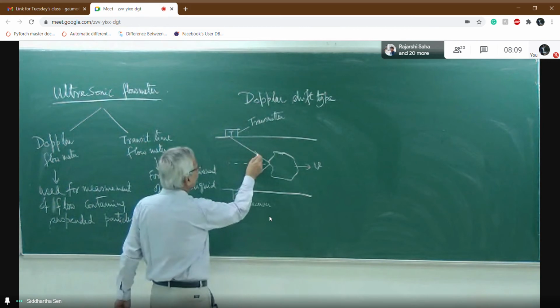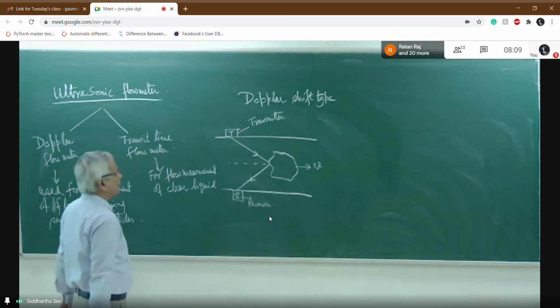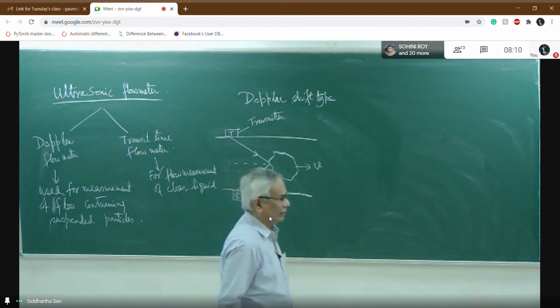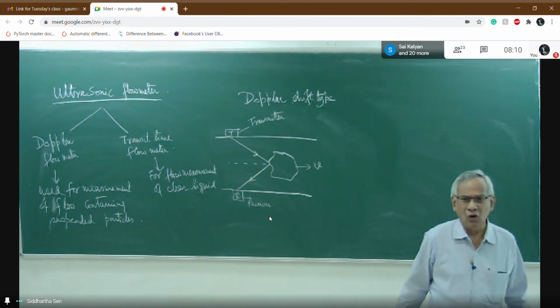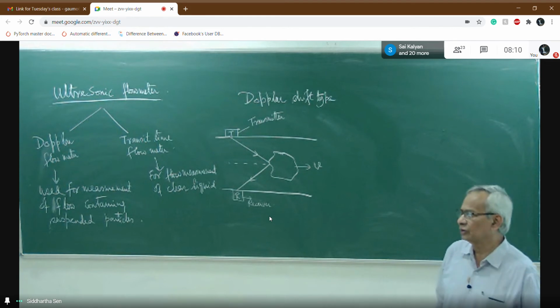The transmitter sends some ultrasound. Ultrasound means whose frequency is more than our audible range. The audible range is up to 20 kilohertz, so it is above that, around say 1 megahertz, which is the standard.